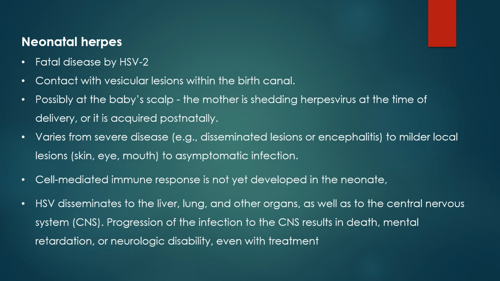Neonatal herpes is a devastating and often fatal disease caused most often by HSV type 2. It originates chiefly from contact with vesicular lesions within the birth canal. It possibly infects the baby's scalp because the mother is shedding the herpes virus at the time of delivery, or the virus is acquired postnatally from family members or hospital personnel.